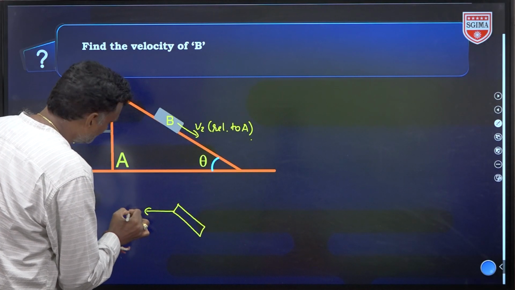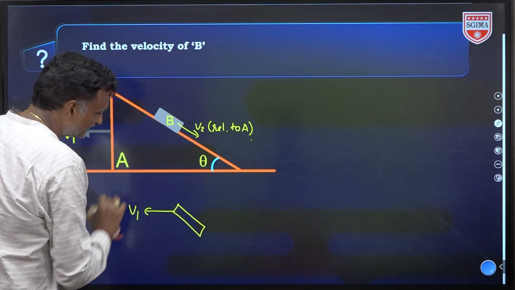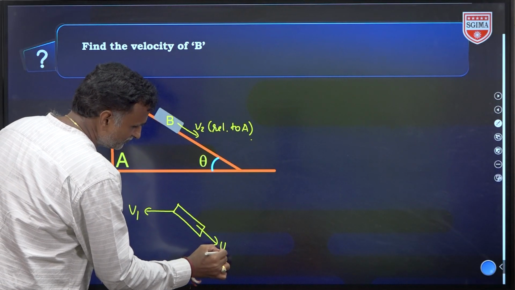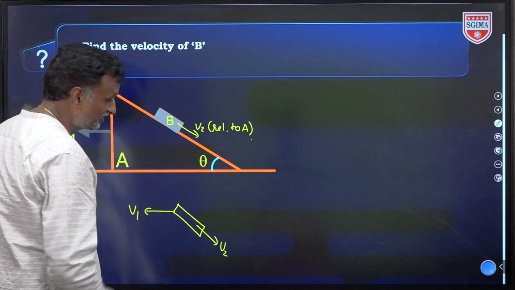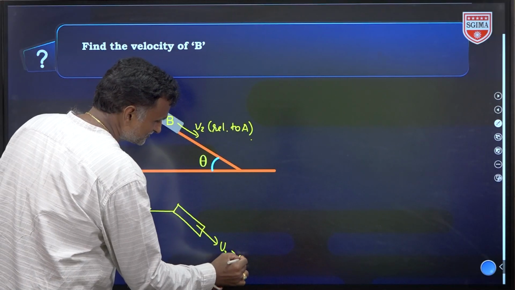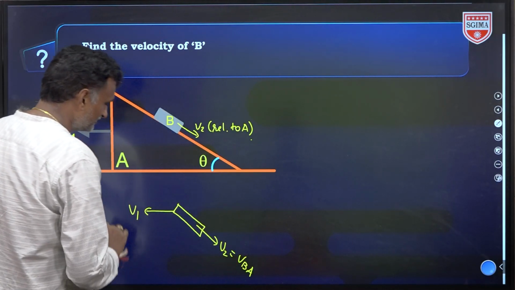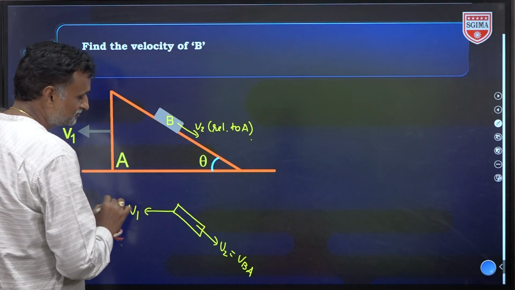The block has velocity v1 to the left since it is on the wedge, and it can slide down with velocity v2 with respect to A. This I can take as VBA, and this I can take as VA.